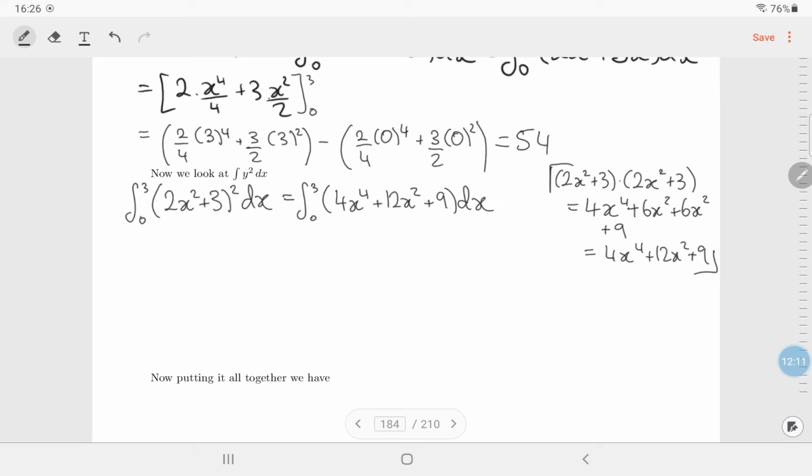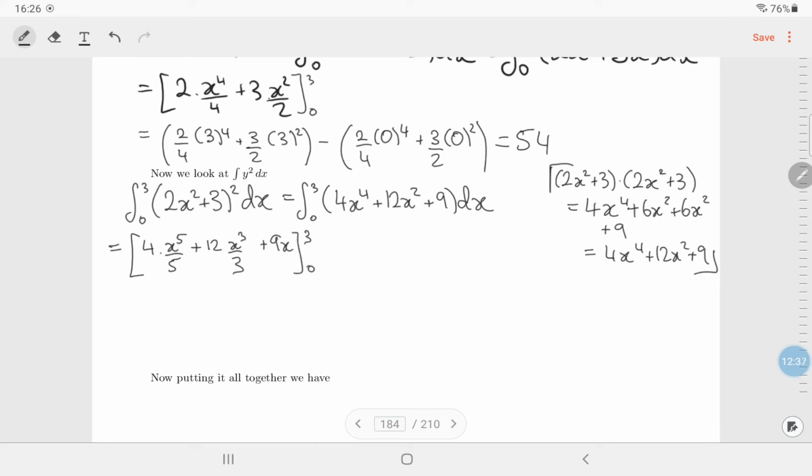Okay, and now we'll anti-differentiate term by term. So fix the 4, and the antiderivative of x to the 4 is x to the 5 over 5. Fix the 12, and the antiderivative of x squared is x cubed over 3. And what do you have to differentiate to end up with 9? The answer is 9x. And we're going from 0 to 3.